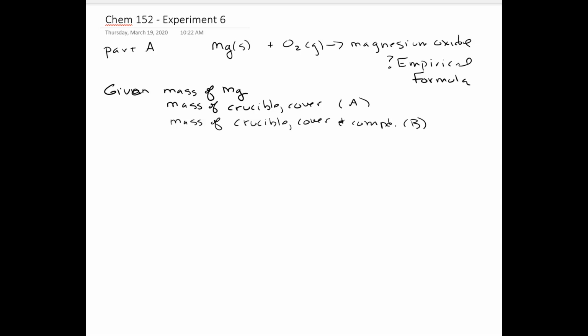To calculate the empirical formula, we need the mass of magnesium and we need the mass of oxygen that is in our compound that gets formed.